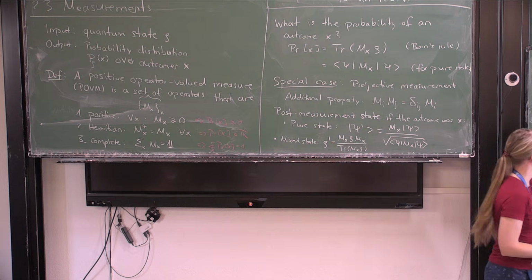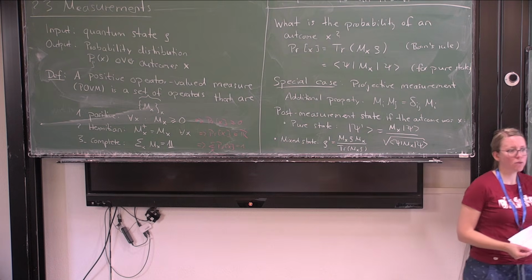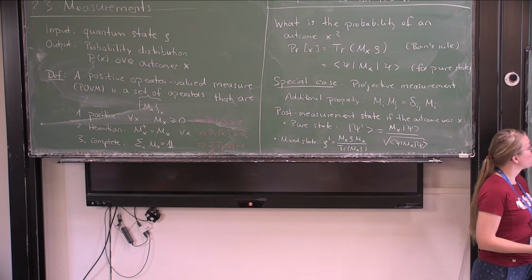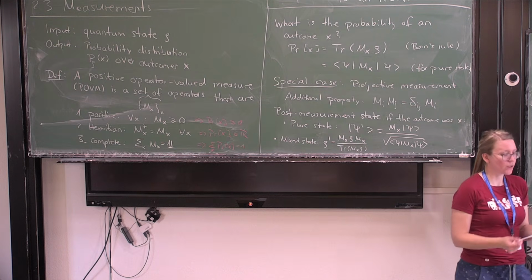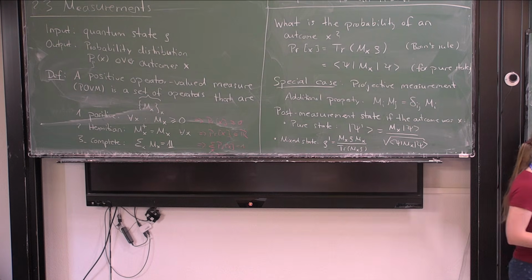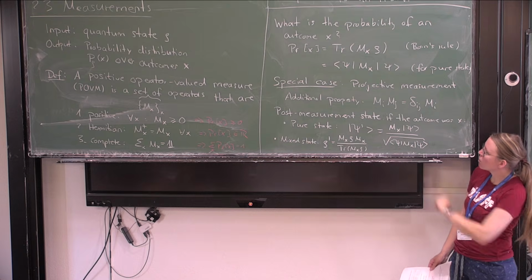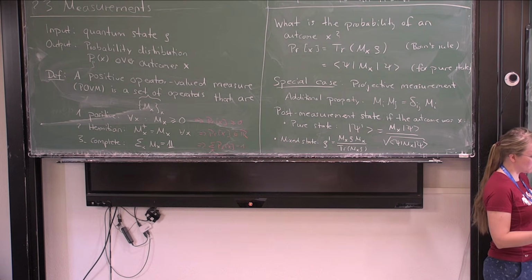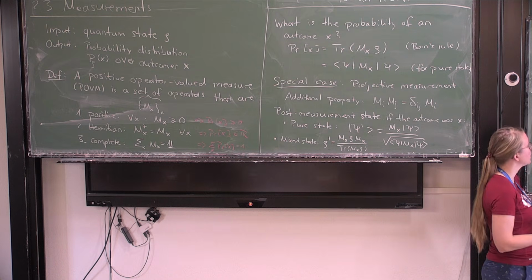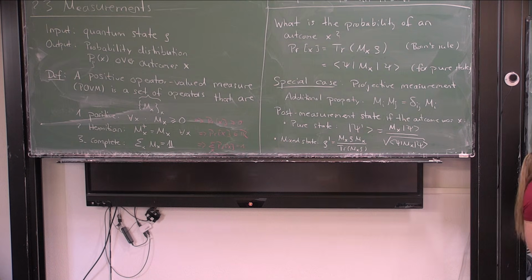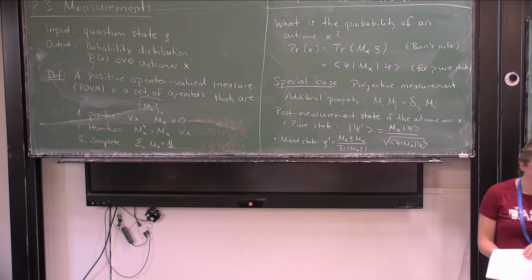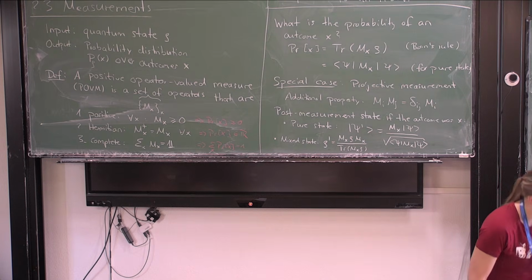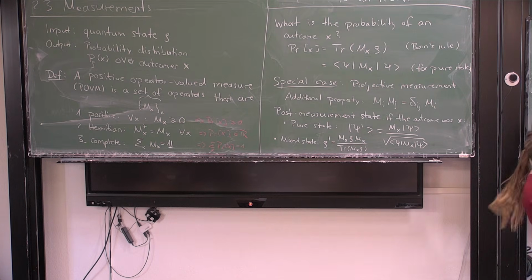If I think about these as vectors, this will give me a matrix that I can apply to the vectors I want to measure. And you can check that this fulfills all the properties that a positive operator valued measure has to fulfill: positivity, Hermitian, and completeness, because it comes from a basis. And this is even a projective measurement.